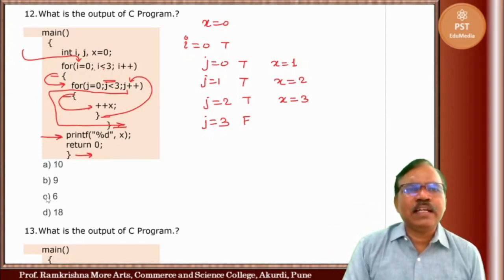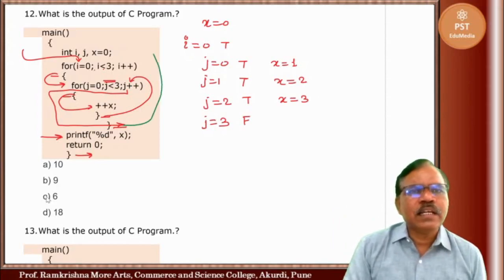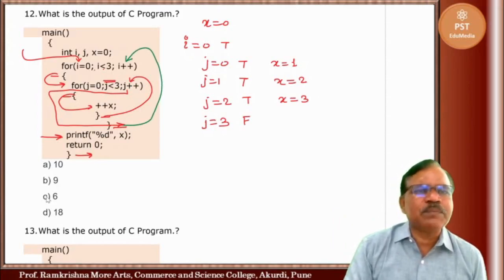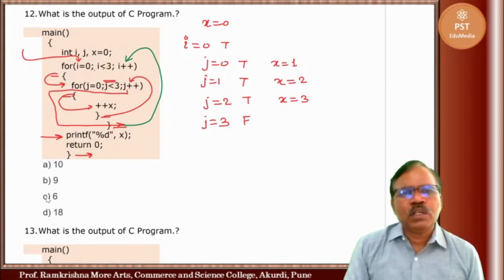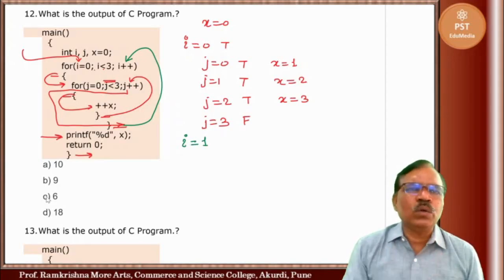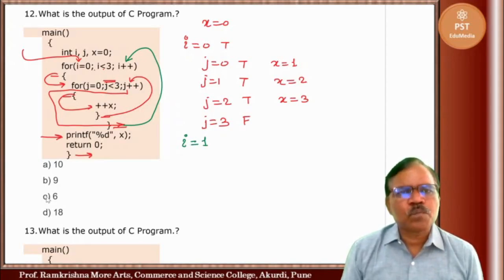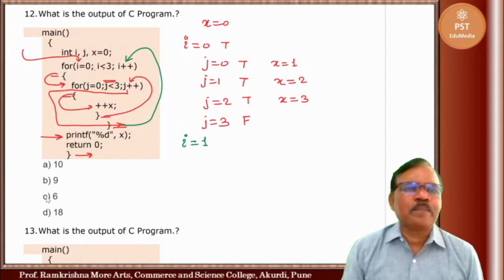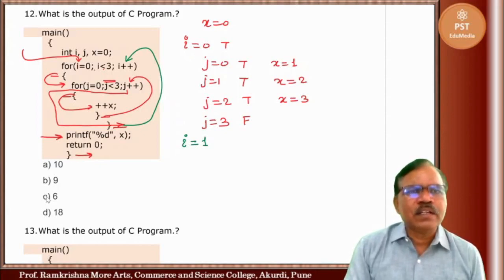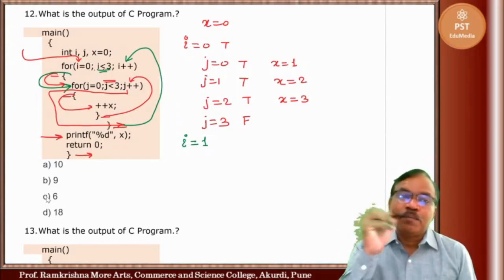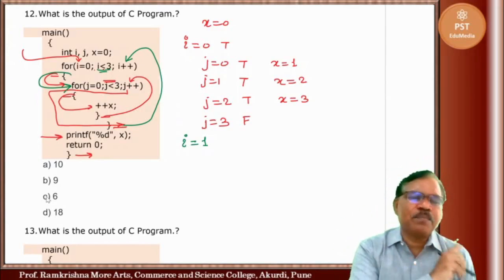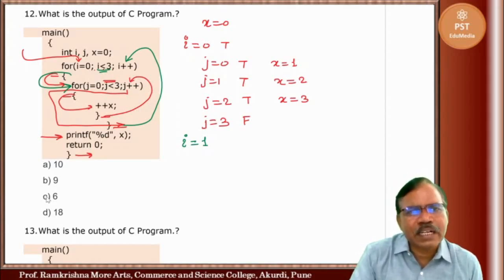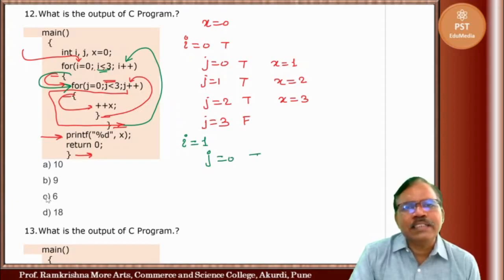Now what will happen here, from this it will come here, expression 3 of the first for loop. So now i will become 1. Is it clear to you? Yes, sir. Now i will become 1, condition is true, so it will go again here. Now see, the second for loop is inside the first for loop, so the second for loop will start again from j equal to 0, condition is true.